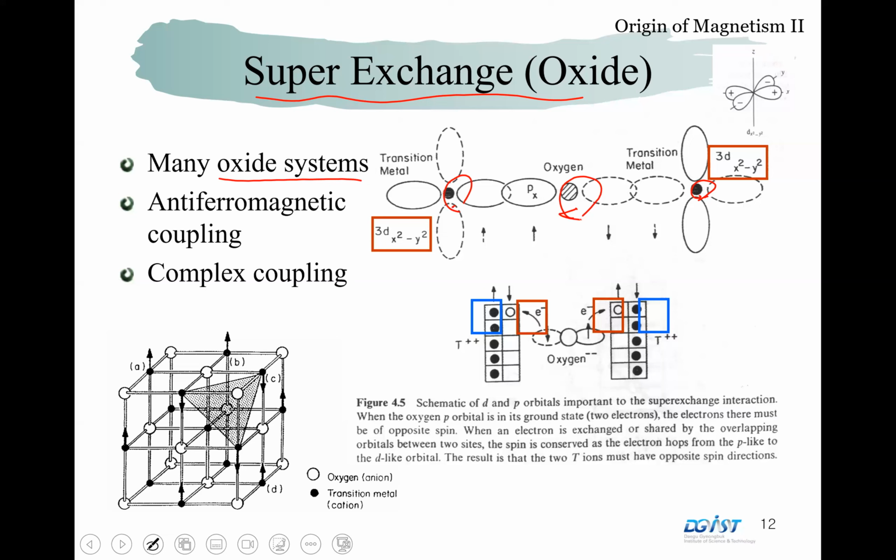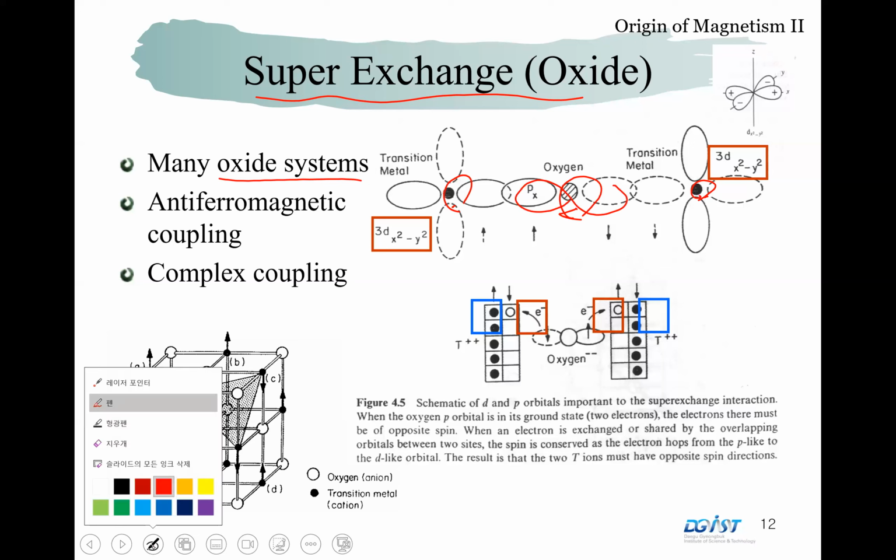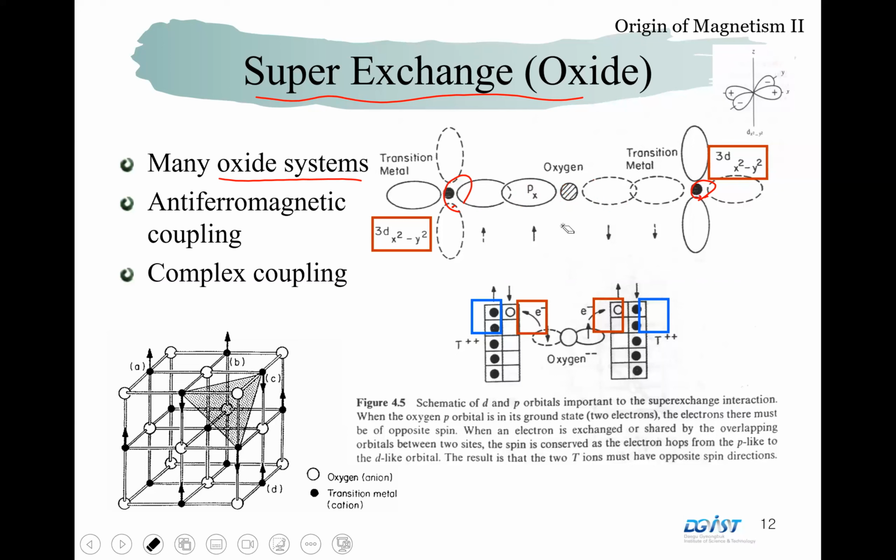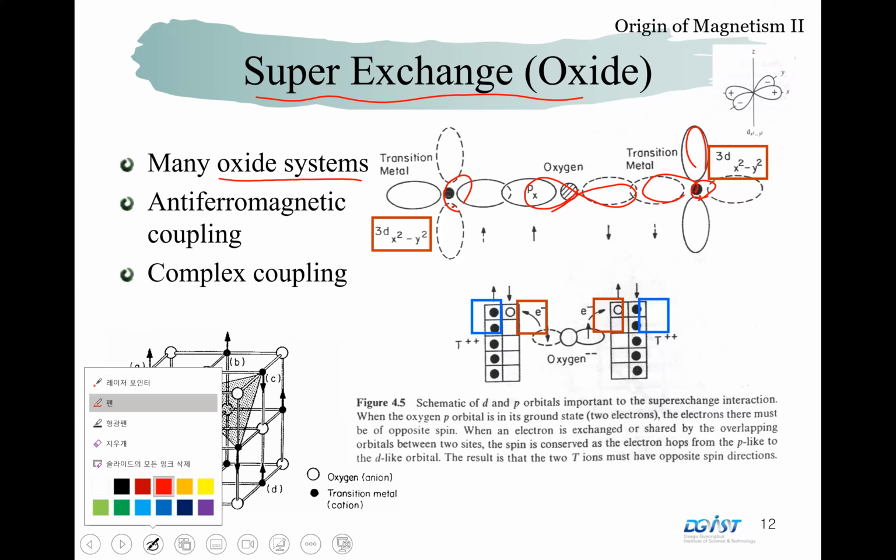The coupling between the oxygen and the 3d metal usually occurs through the p electron of the oxygen, because oxygen has only p electrons, and the shape of the p electron looks like this. And this is the d electron shape of the 3d metals.